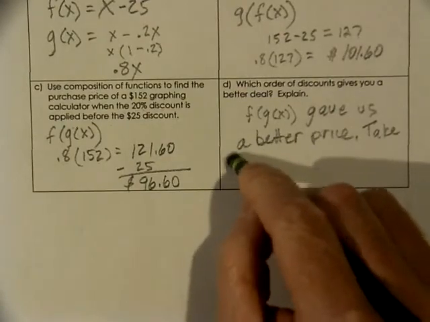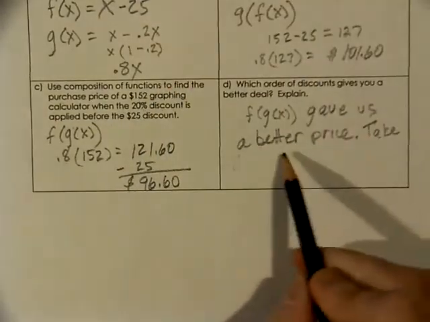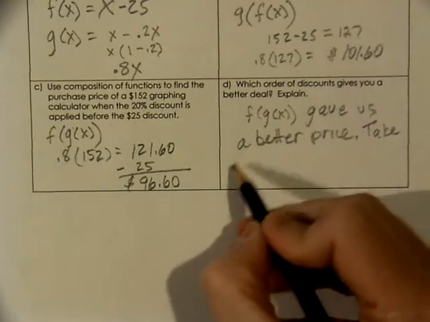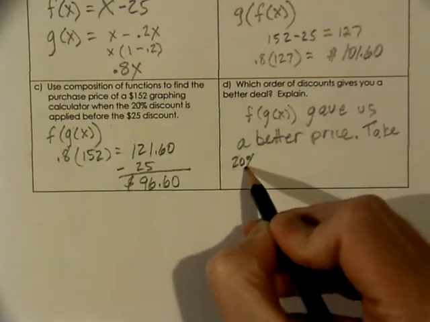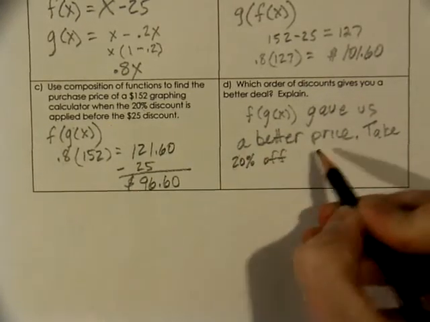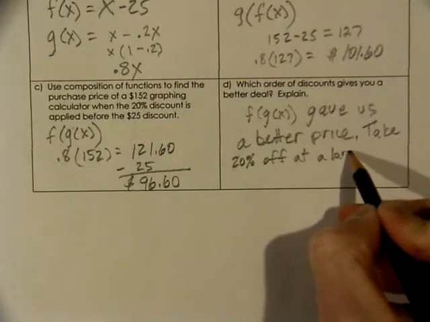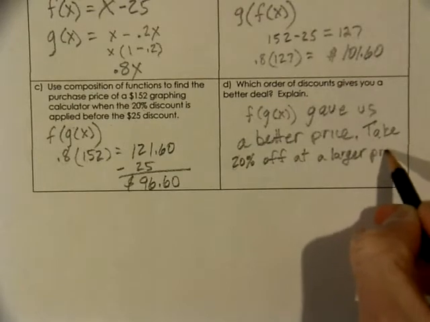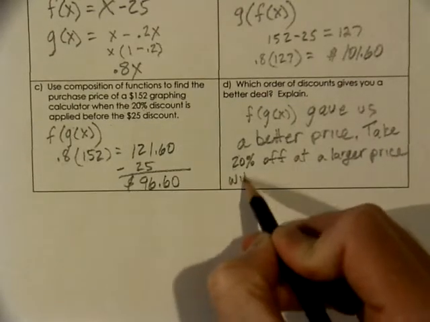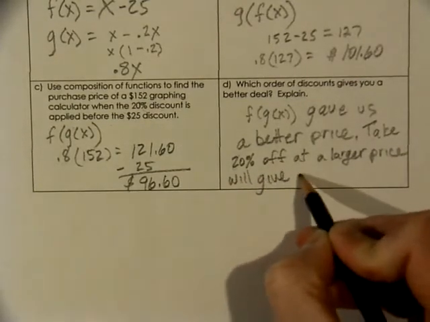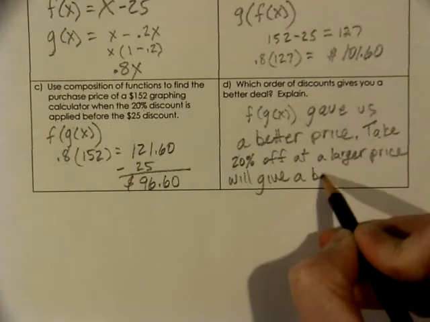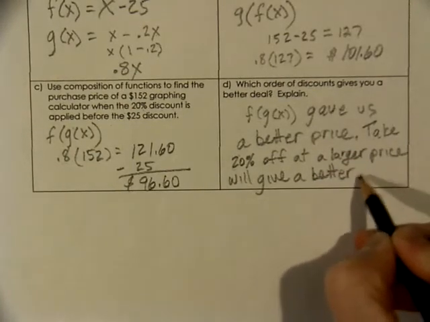Let's use the term of the 20% so it stays equivalent. Taking 20% off at a larger price will give a better discount.